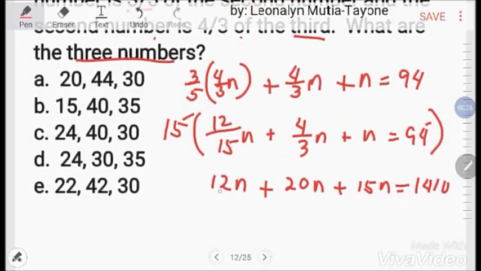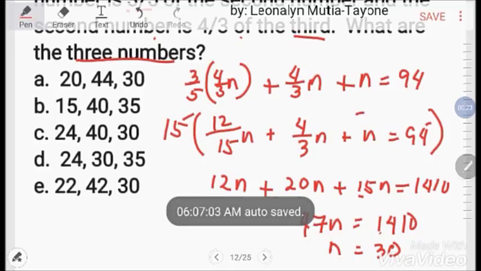So, i-add mo 12 plus 20 plus 15, and this is 47n equals 1,410. 1,410 divided by 47, the answer is 30.